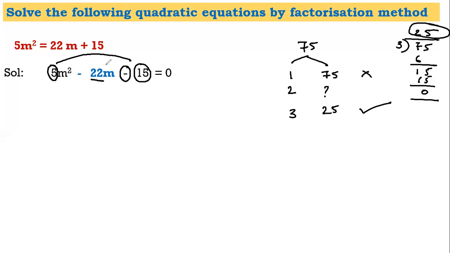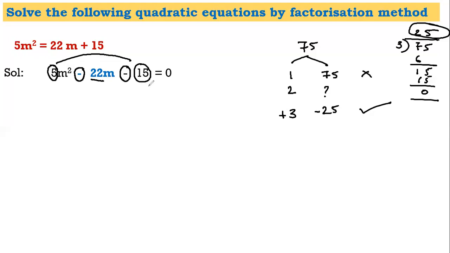So what we are going to do is, we are going to give the middle number sign. Listen to me very carefully. For a sum based on subtraction, we give the middle number sign, that is minus in this case, to the greater number, which is 25 out of 25 and 3, and the opposite sign to the smaller number. Middle number sign to the greater number and opposite sign to the smaller number.